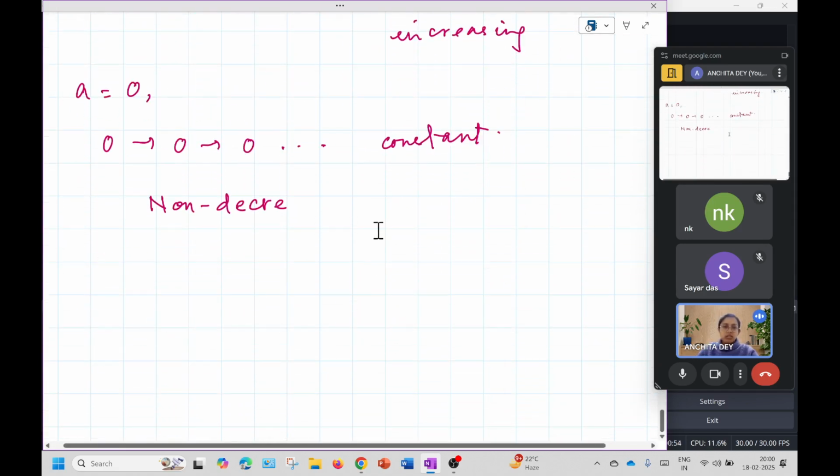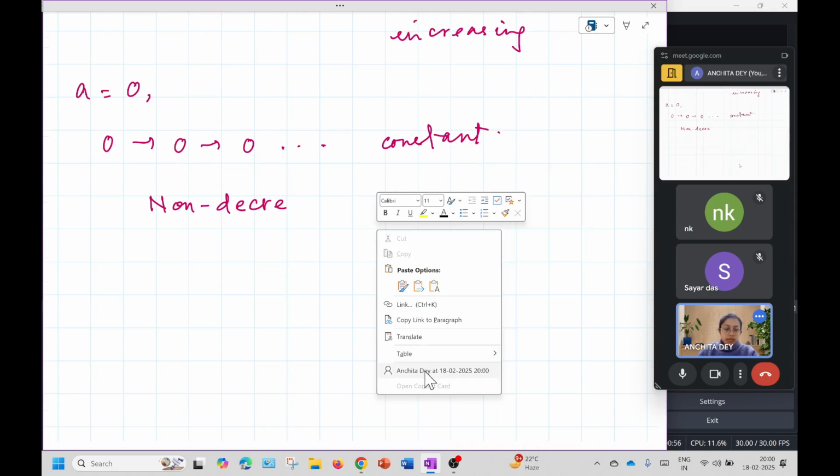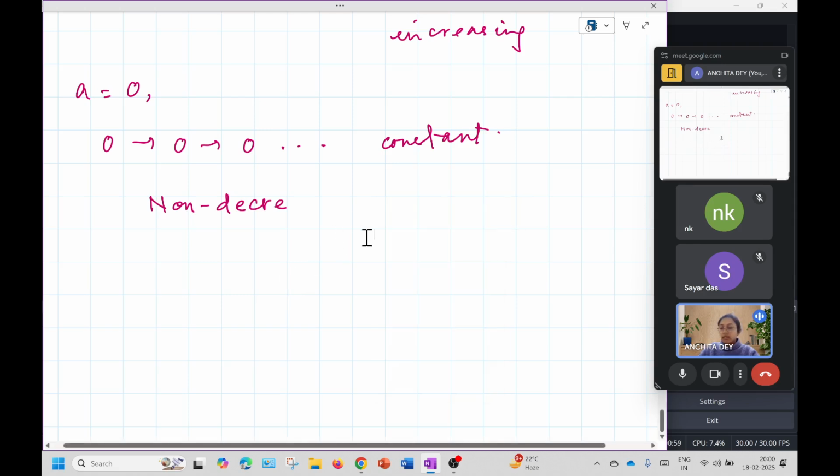Oh god, it's not syncing. So we can say that this would be a convex function.